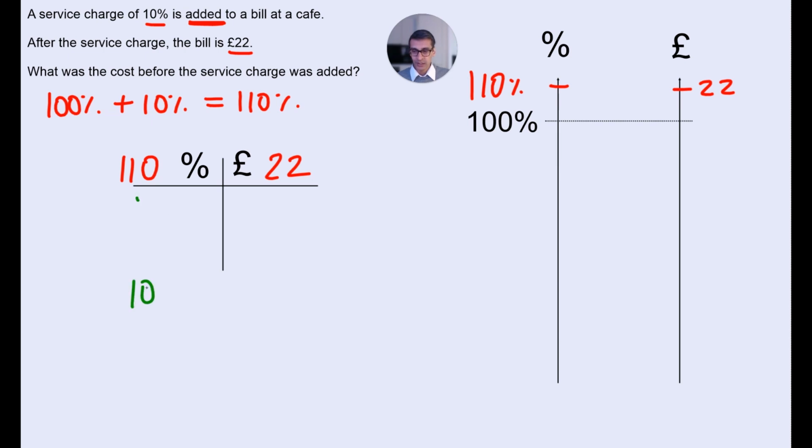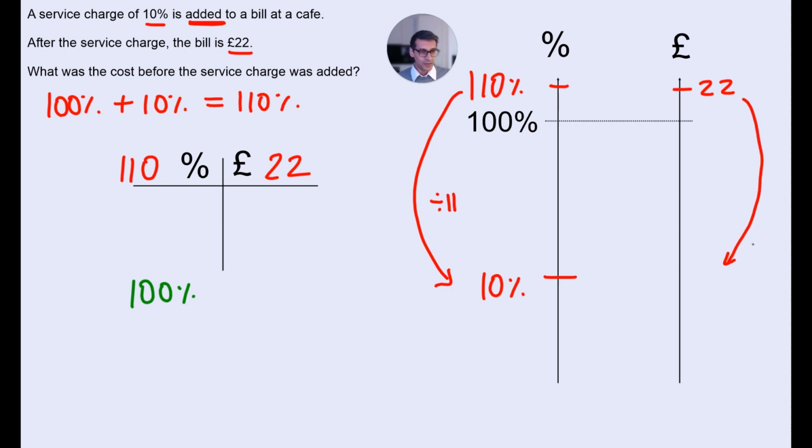Now to go from 110 to 100, not as easy, so let's go down to 10% again, as we normally do. So divide by 11. So again, the numbers are quite nice, and we're going to look at the calculator method for harder numbers.